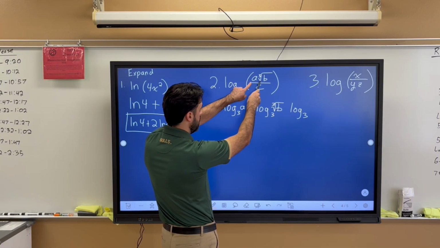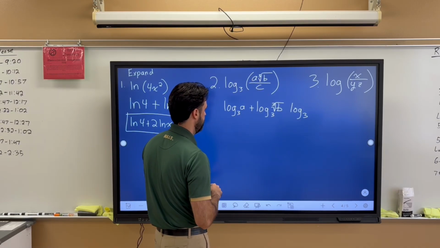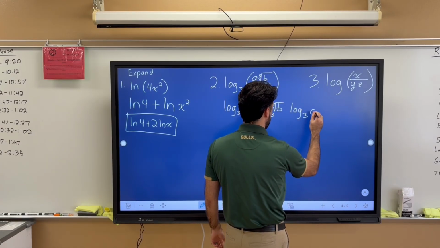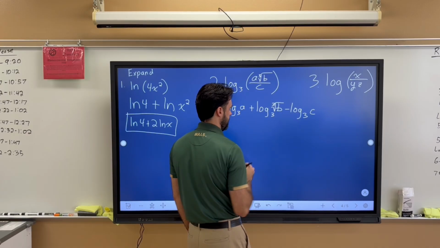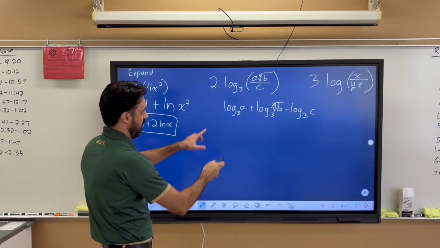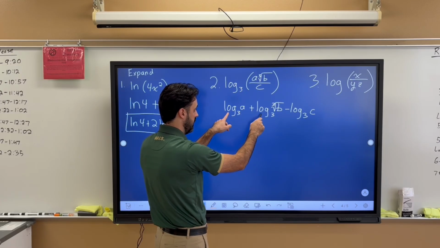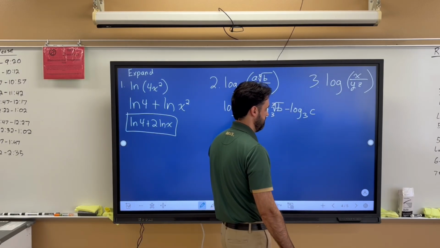Now, because those were being multiplied in the numerator, we're going to put a plus in between them. The c will be the last log, and because it was in the denominator, whenever we're dividing by something, it turns into subtraction, like that. All right, so if you're multiplying in the numerator, you're going to have a plus in between the logs. If something's in the denominator, it's going to have a minus in front of it.